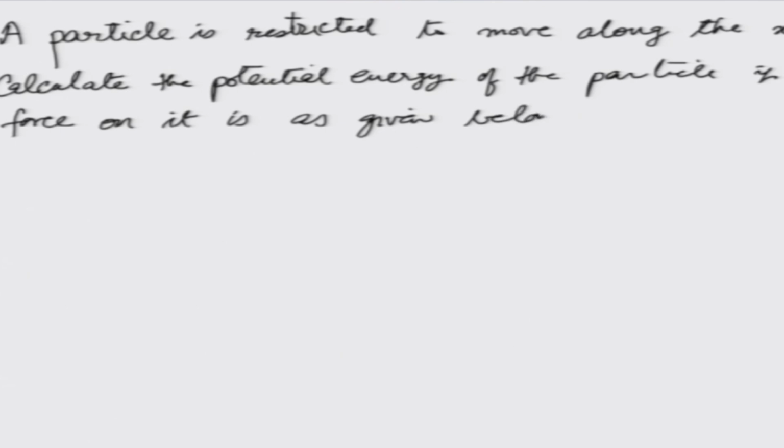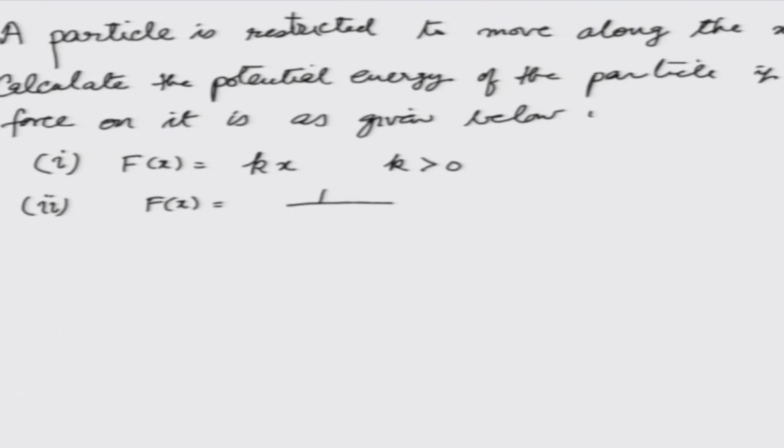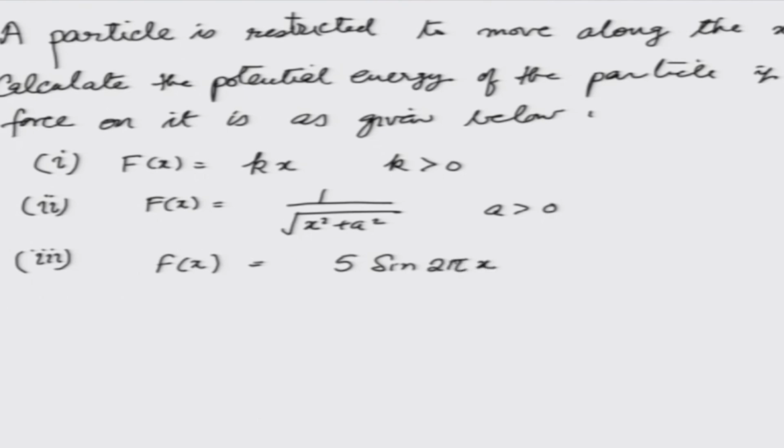The forces given are: 1, Fx equals Kx, k greater than 0; 2, Fx equals 1 over square root of x square plus a square, a is also greater than 0; and 3, Fx equals 5 sine 2 pi x.